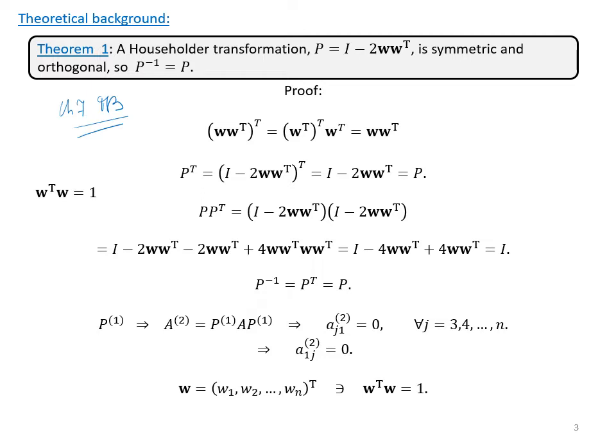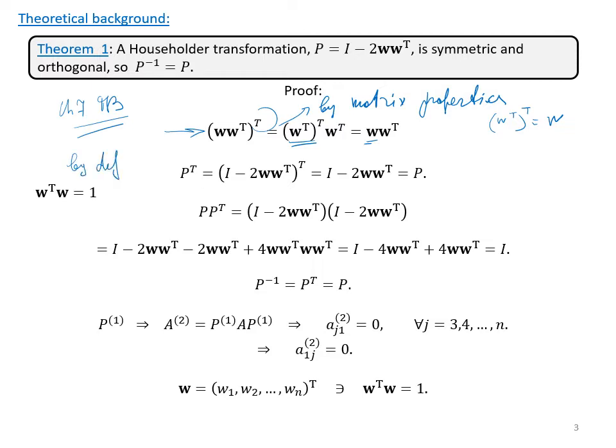So let's consider the product of vector W and transposed vector W, and let's transpose it. Then by using matrix properties, we should recall that the transpose of transposed W equals the original W, and this is the case. Then we can consider the householder transformation.